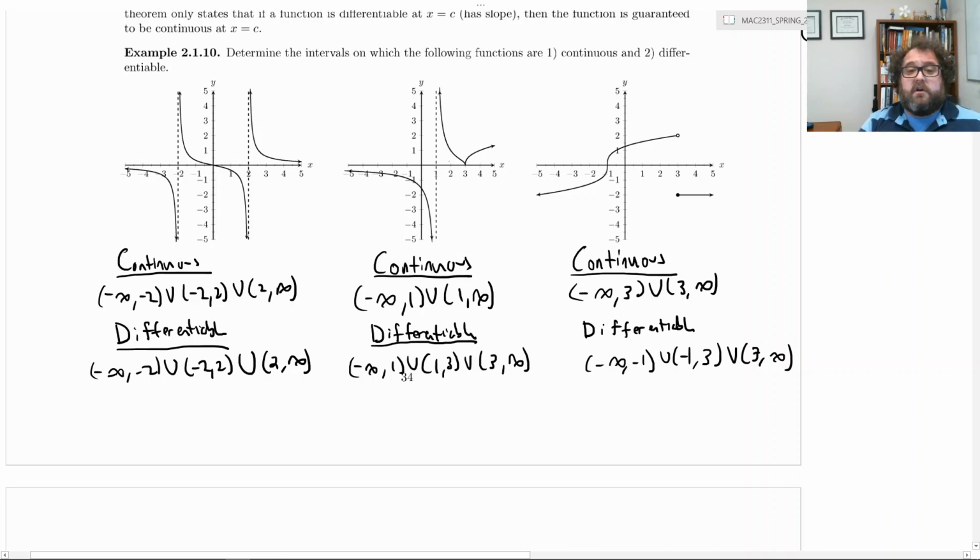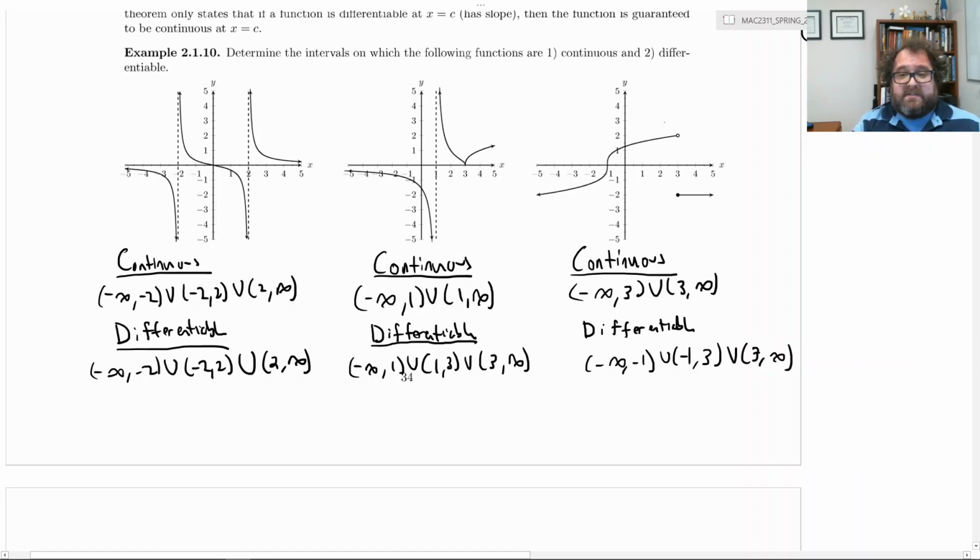With the middle function, there's a vertical asymptote at 1, so we have to leave that out of the intervals of continuity as well as the intervals of differentiability. But in addition, there's a cusp at 3. That's not a problem as far as continuity is concerned, but it's a problem as far as differentiability is concerned. There is no derivative at 3. The function is defined at 3, but not differentiable.